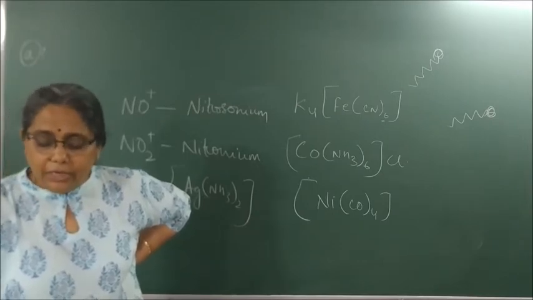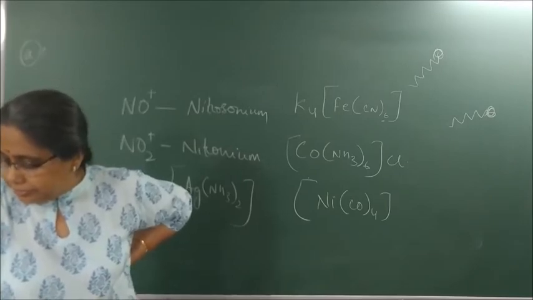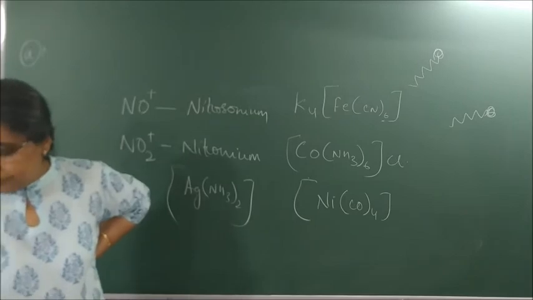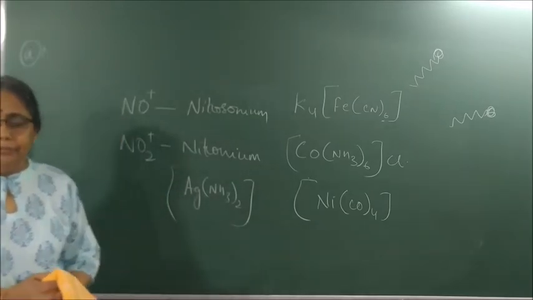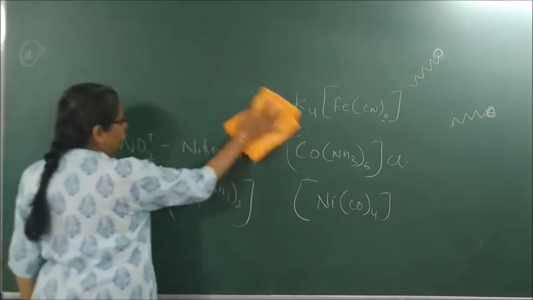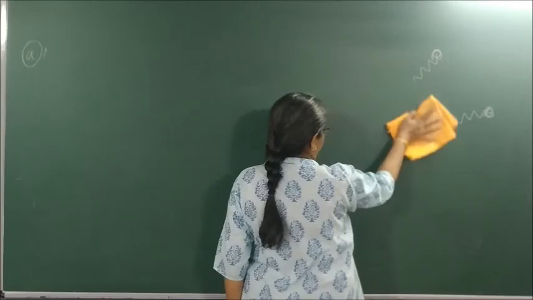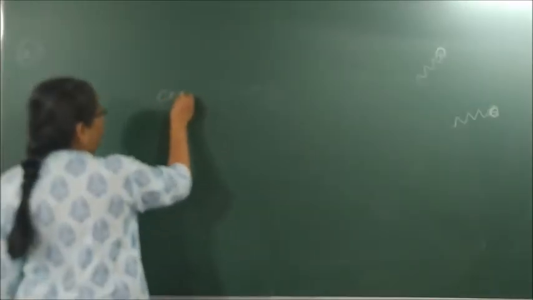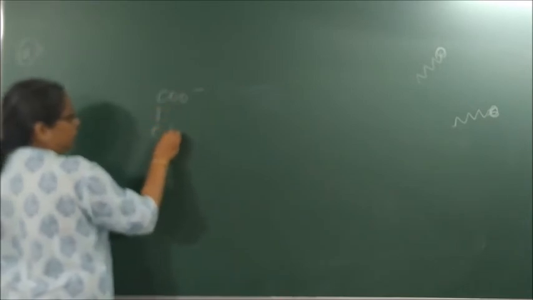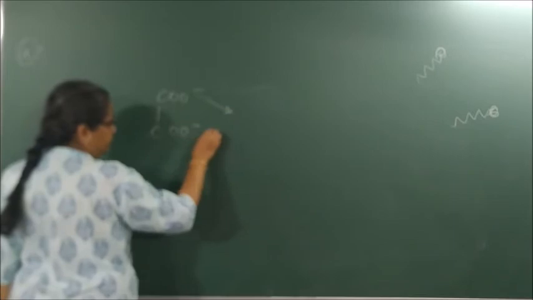Okay, now write negative bidentate ligand. The most common negative bidentate ligand is oxalato. See here, COO minus and COO minus. From here also it can attack the metal atom, and from here also.